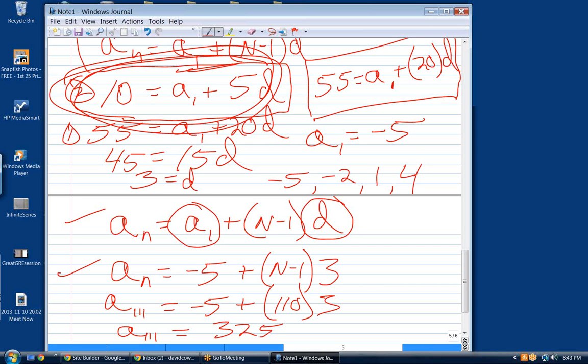Those are the first 4 terms of that sequence. The 111th term would be 325, but it'd be awful hard to come to that if I had to count them out. So I need this explicit way to come up with the nth term, whatever n might be.